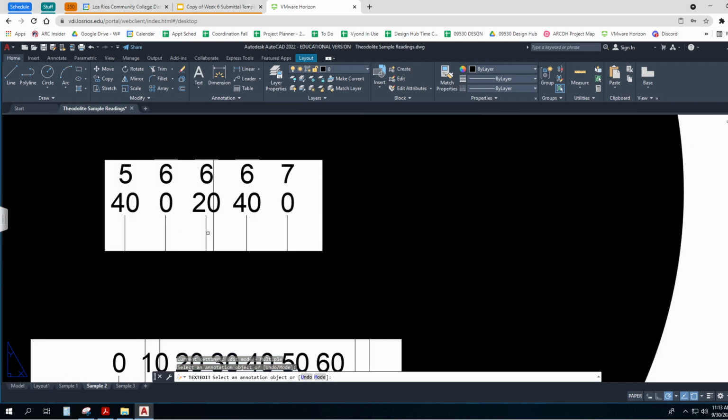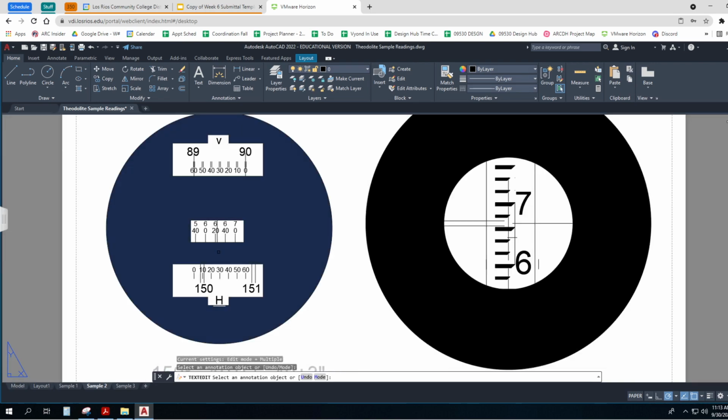In this case, it's 20. That would be 30, 40. So 20, 30, 25 would be about there. I'll call it 24. 24 seconds.